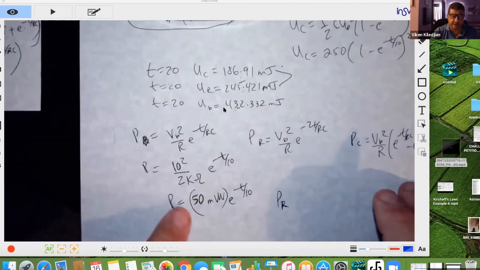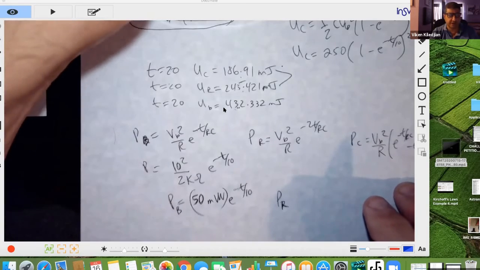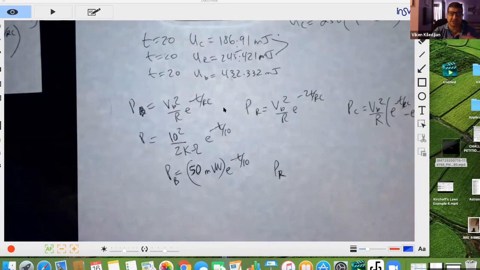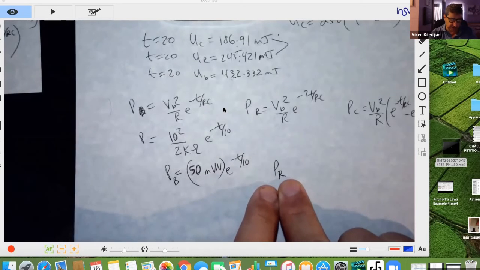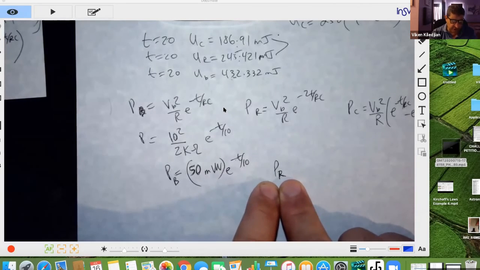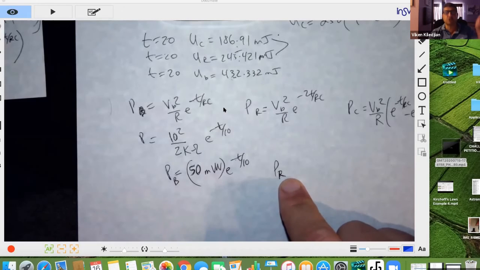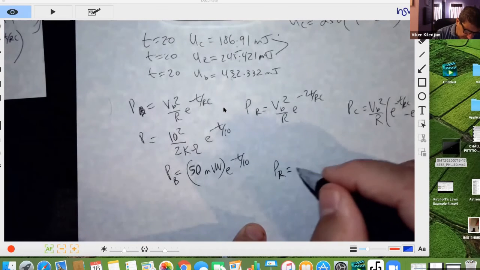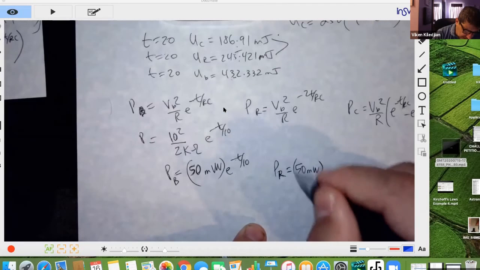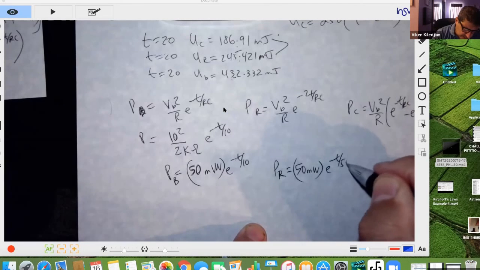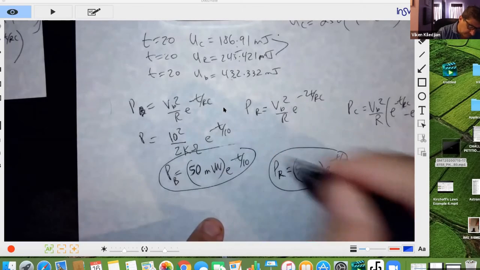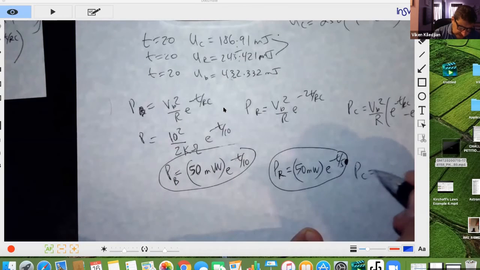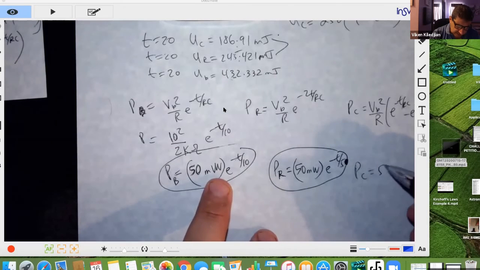This is the power of the battery, the rate at which the battery is supplying energy to the system. And this is the rate at which energy is being lost to the resistor: 50 milliwatts e to the minus t over 5. And then the power of the capacitor is 50 milliwatts, just this minus this.